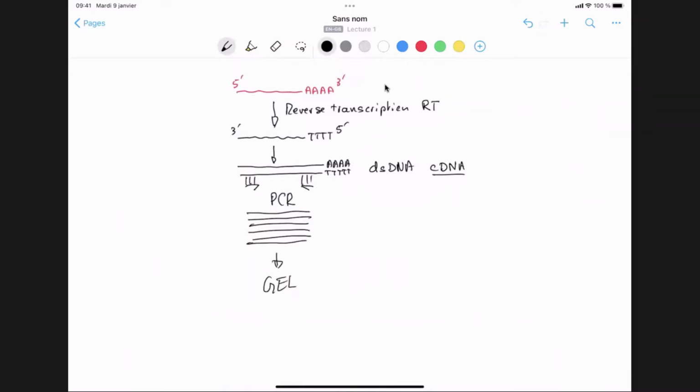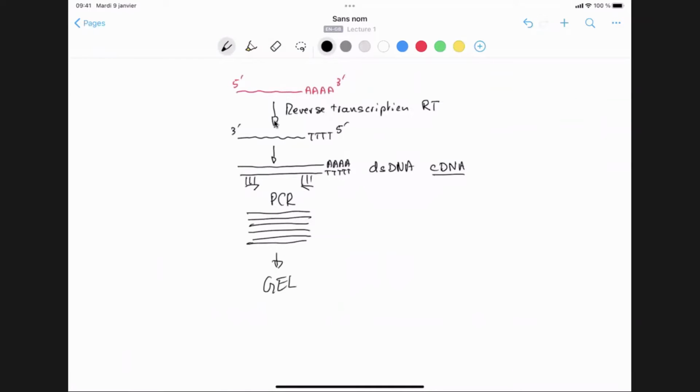This contamination can be very, very low, but you may have contamination of genomic DNA. So it is a problem because at the end, the RNA you extract is contaminated a little bit by genomic DNA.